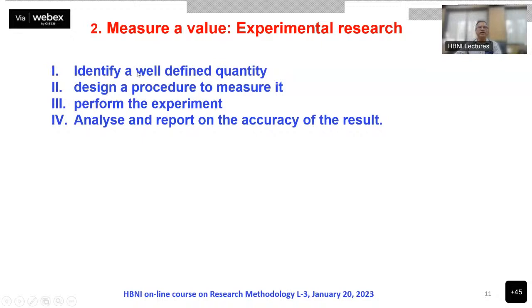You identify a well-defined quantity that you want to measure. It can be temperature, pressure, density, charge, anything. Design a procedure to measure it, perform the experiment, analyze and report on the accuracy of the result. So these are the steps that you will follow to measure the value of a physical quantity.